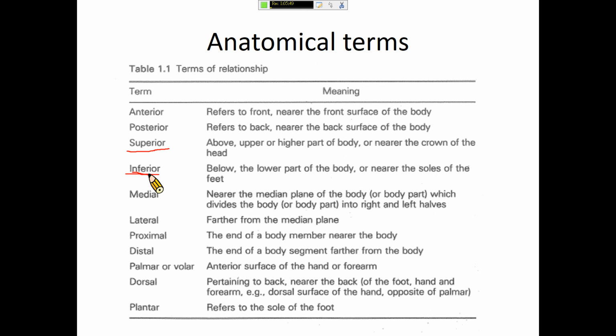Plantar refers to the sole of the foot. Let me see if he or she can raise the leg. Oh, good. Be careful. Very good. Yoga. The sole, the plantar.